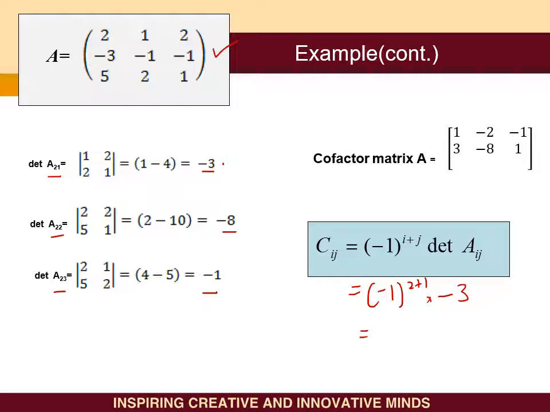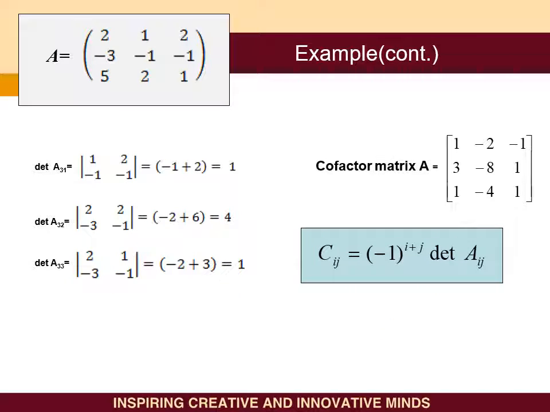So the answer will be negative 1 power of 3 will be negative 1, times negative 3 will be 3. So this 3 will be the first one. And do the same for these two. These two values here, -8 and 1, find it from here.